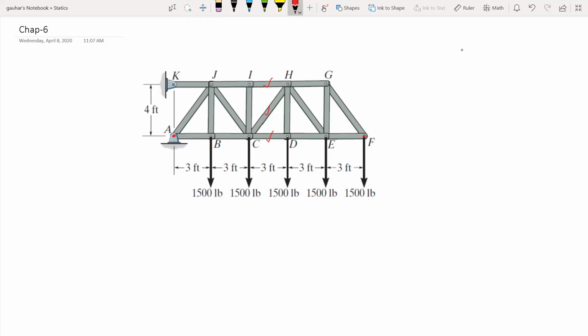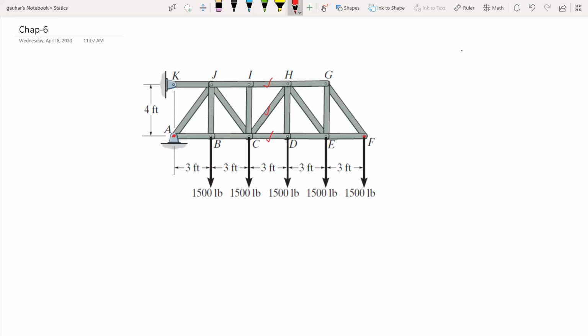You cannot directly come to the middle of the truss and find forces in members HI, CH, and CD. You have to solve maybe 3, 4 joints before coming to the middle of the truss. Method of sections gives the flexibility to cut a section anywhere we are interested in getting the forces in the members.